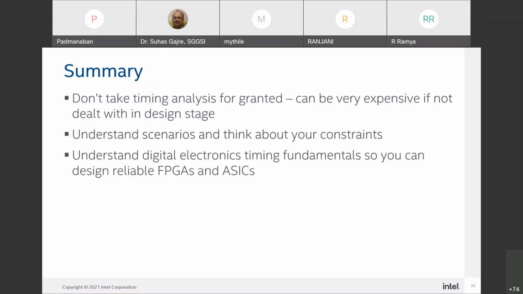And we have to understand the scenarios, and we have to think about our constraints. And we have to understand the digital electronics timing fundamentals, so it is easy for us to design reliable FPGAs. Because if you know how the tool performs the timing analysis, then it is very easy for us to design, and then we can understand that process and continue the steps.